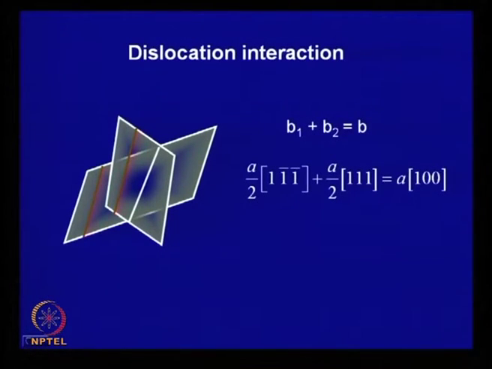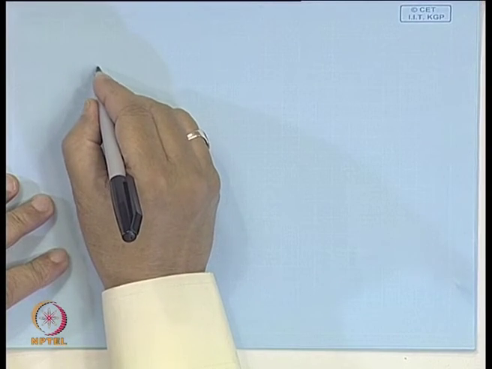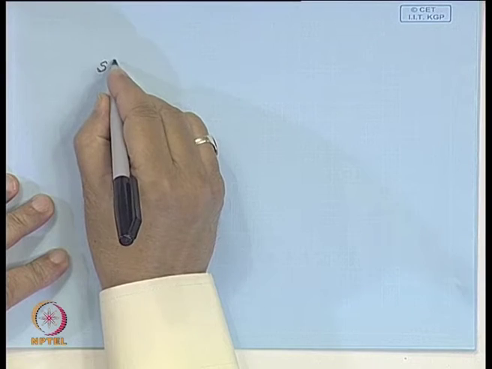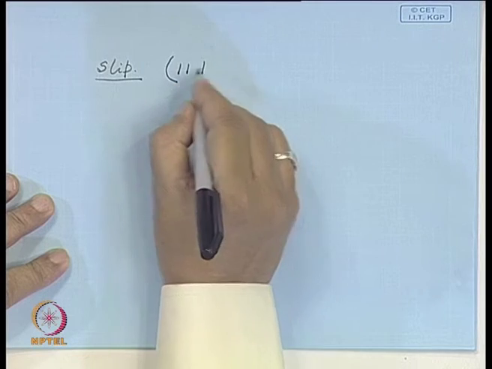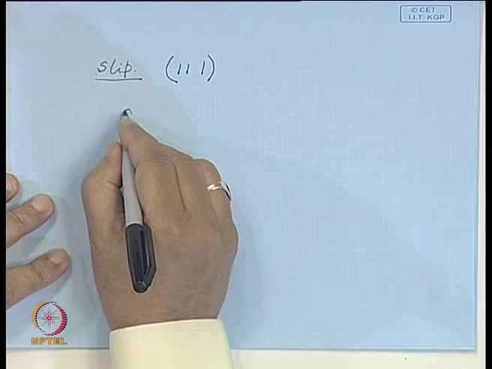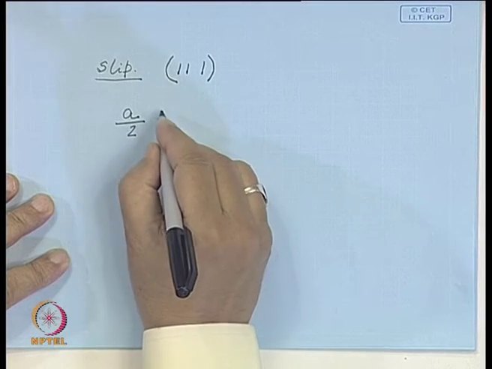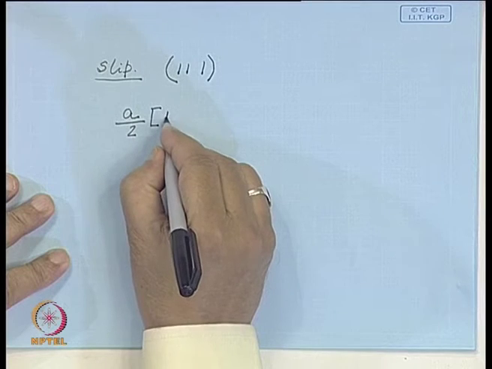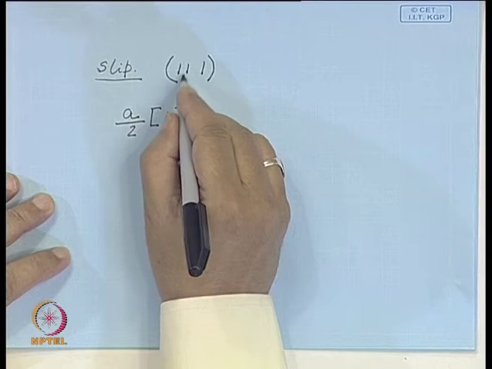Now, let us look at another case. Suppose we look at a face centered cubic structure, and look at the slip plane (1 1 1). On this slip plane, let us say we have a mobile dislocation of type [1 1 bar 0]. This definitely lies on this plane.